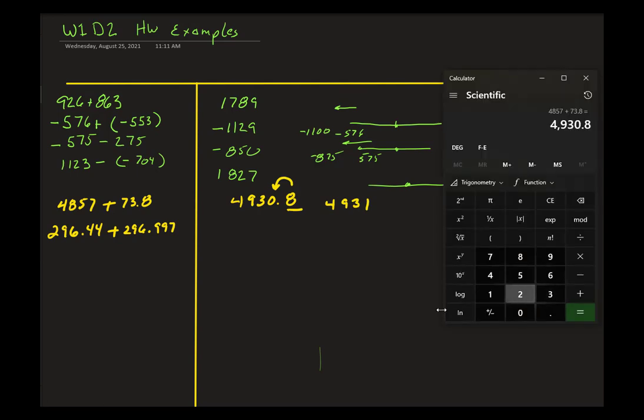And let's do this. So 296.44 plus 296.997.